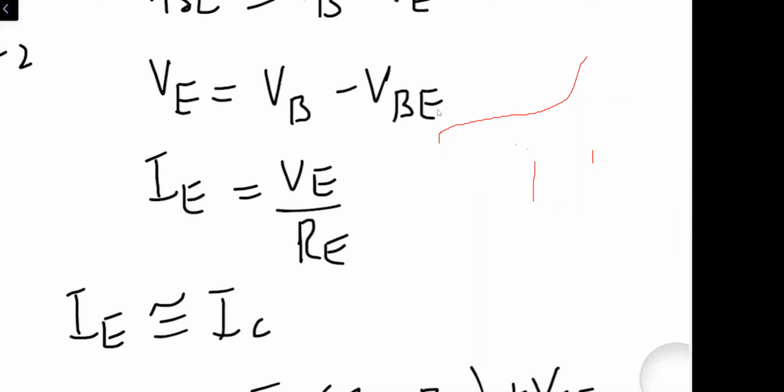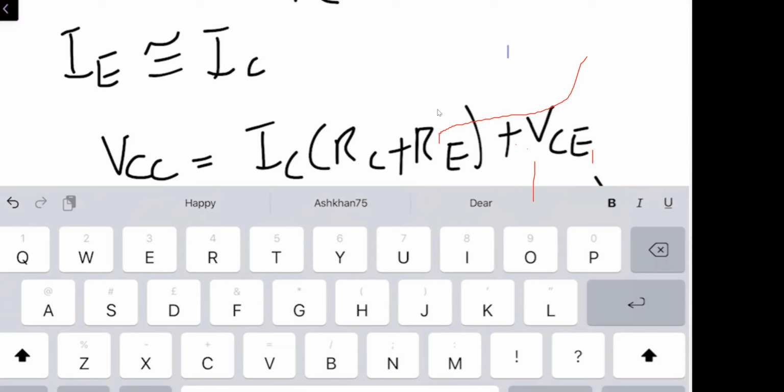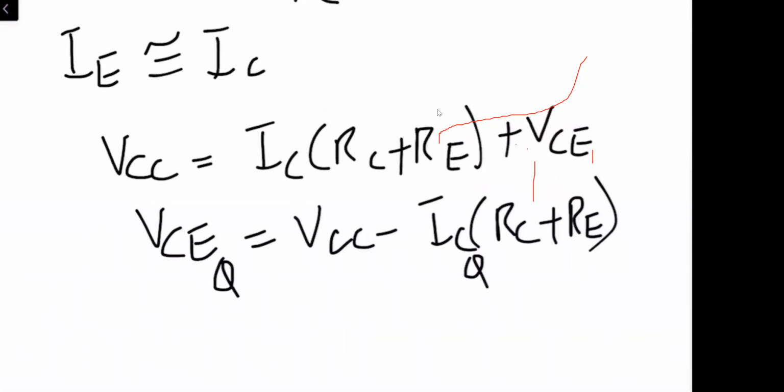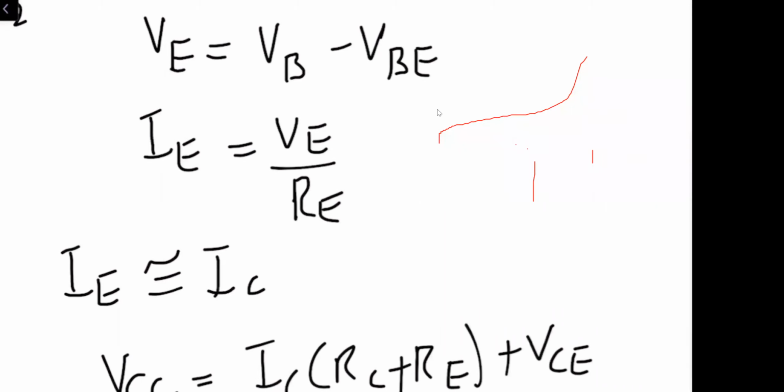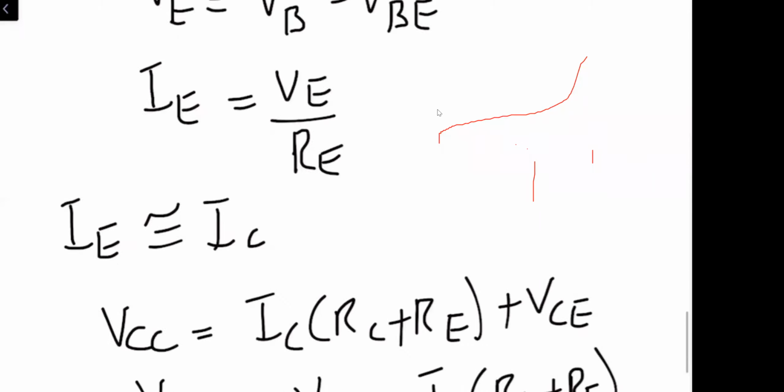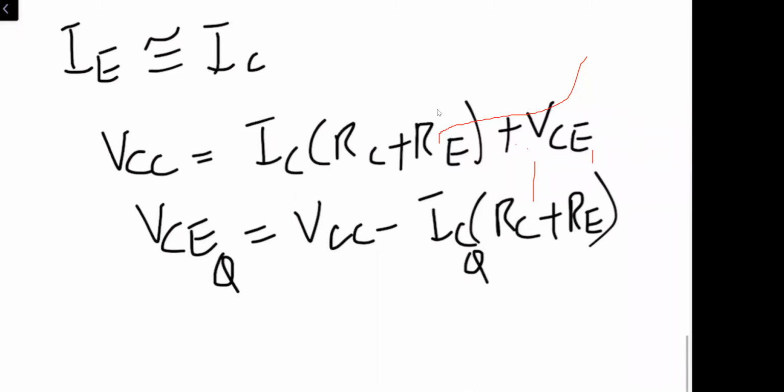And as we know, the collector current is almost equal to the emitter current, and from there, applying KVL to the output side, we get this equation. If the IC value is at the Q point, the VCE value will also be at the Q point, so it will be ICQ and VCEQ in the equation.